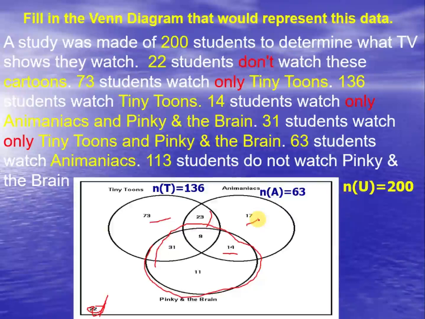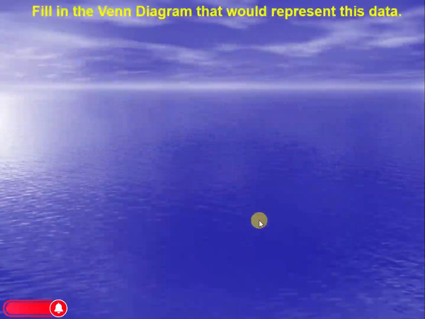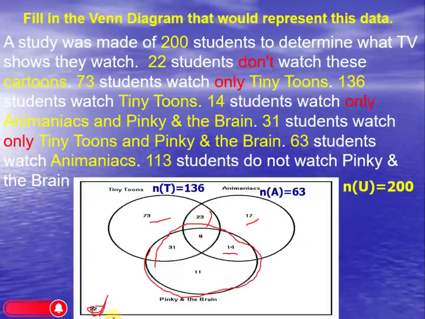All right. Before then, remember the 22 here is not doing this, but in our preamble earlier, we said that 22 of them do not watch any of them. So 22 is out. Okay, so it means it's only 73 plus 23 plus 17 that will give you the 130.